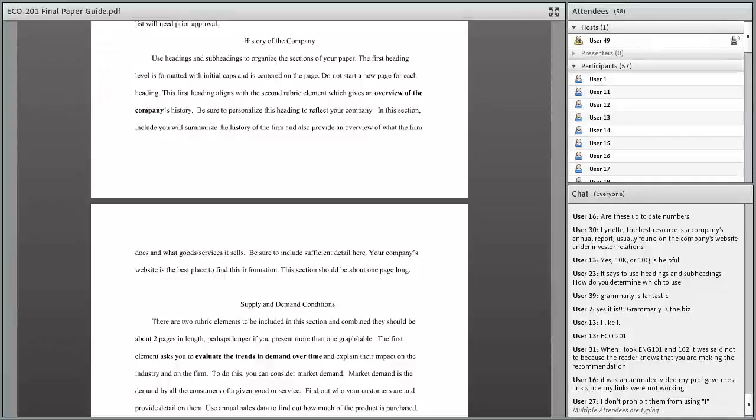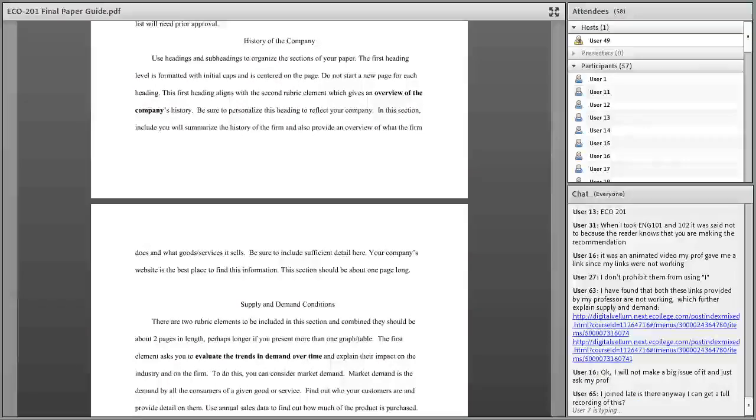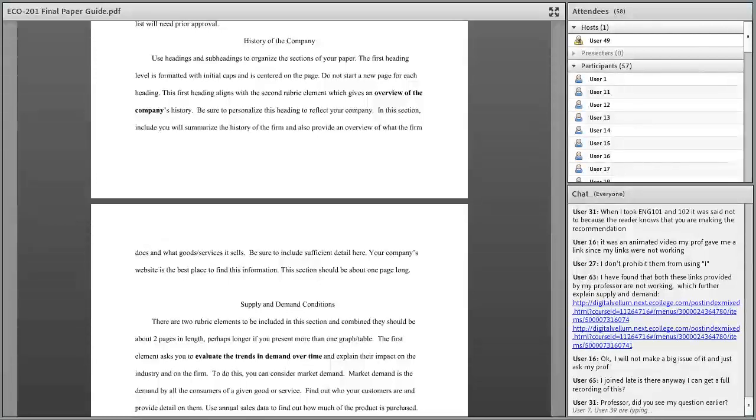But ultimately, follow your instructor's guidelines, because he or she is the one that's grading, and you obviously want to meet the expectations of your instructor to get a good grade. Now you can ask the question, and you can bring up this template to say that the template recommends the I or we, if that is your preference or you feel more comfortable using that form, and see what answer you get.